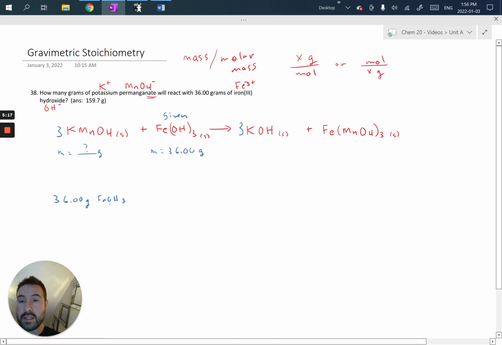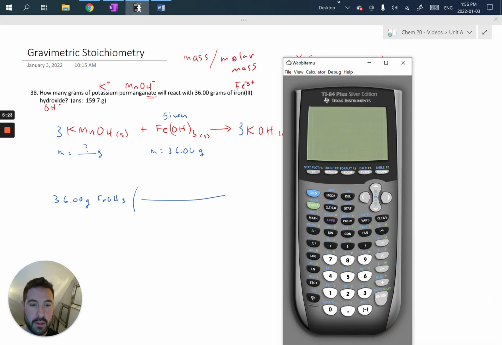So the molar mass of FeOH3, I calculated it before here. So I'm going to turn on my calculator here. Shout out to Grinder for my TI-84 Plus Silver Edition. My iron 3 hydroxide is my second one that I calculated here.